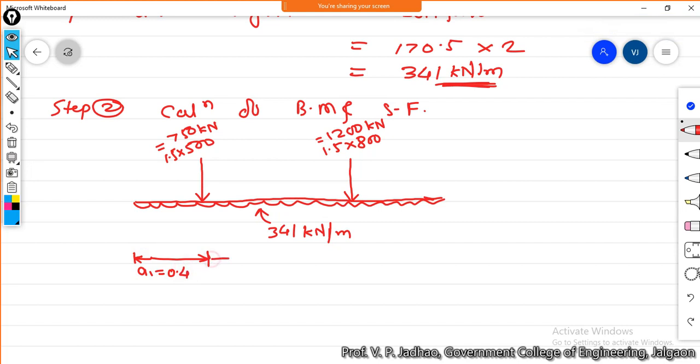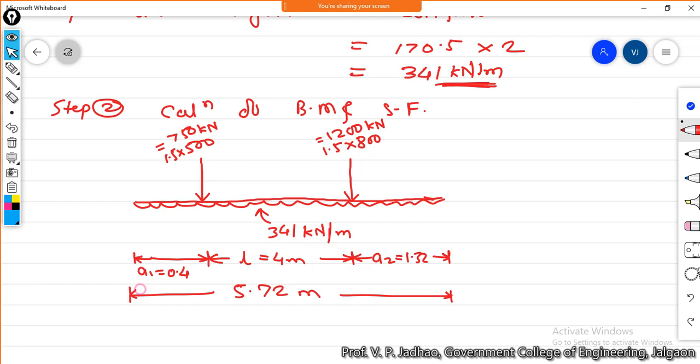This small l, the length between these two columns, is equal to 4 meter, and we have already calculated A2, which is equal to 1. So this will be representing the footing.